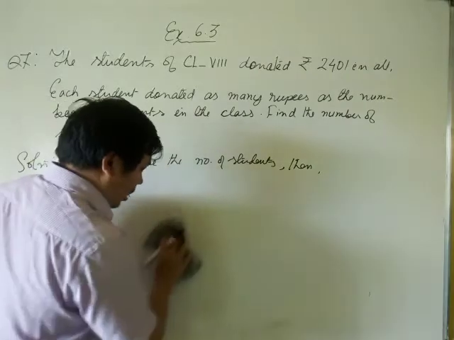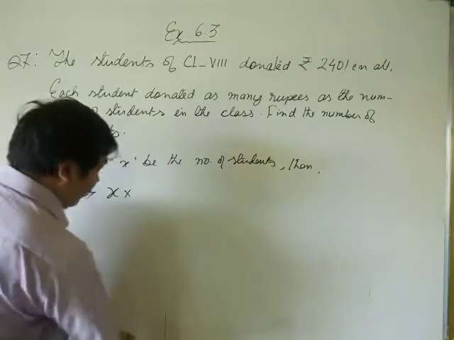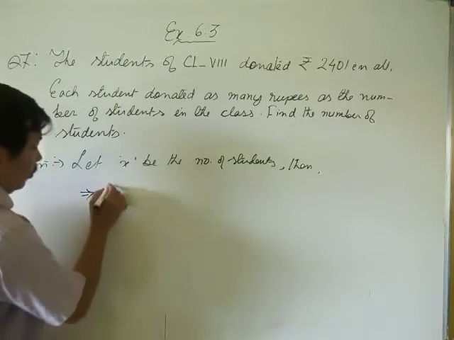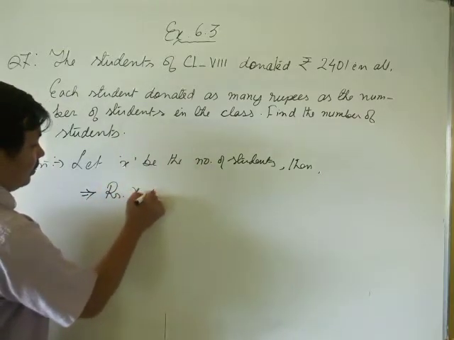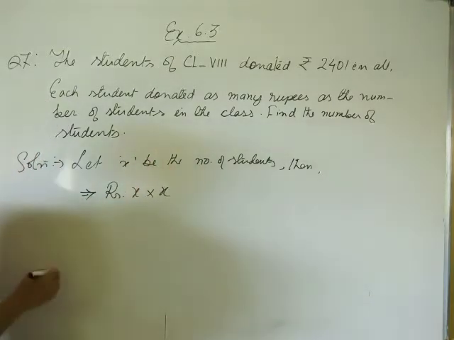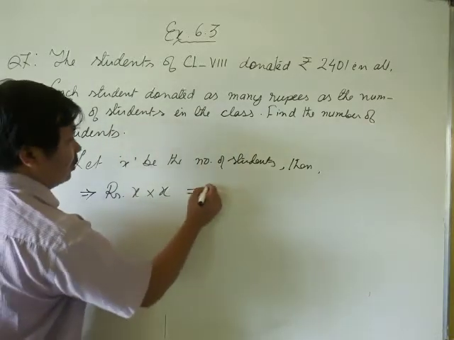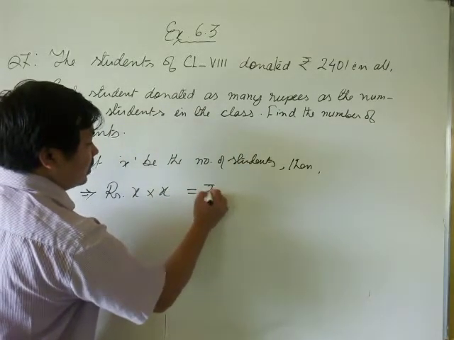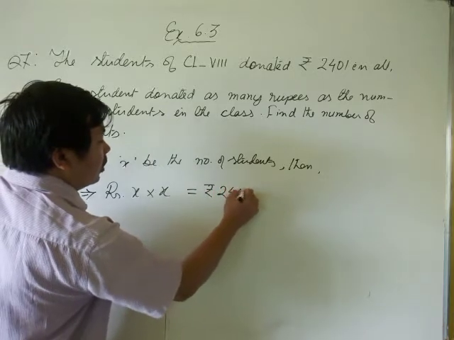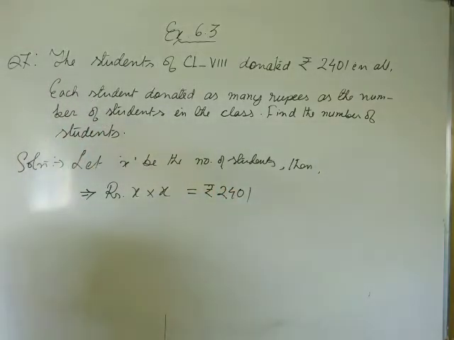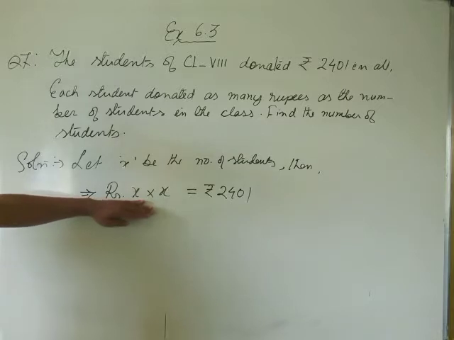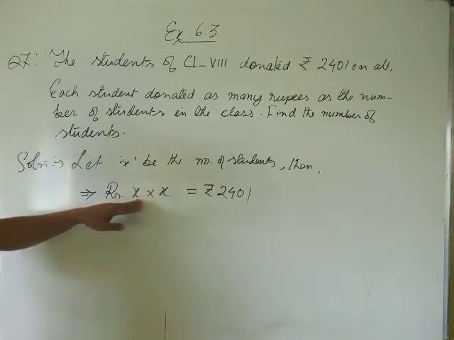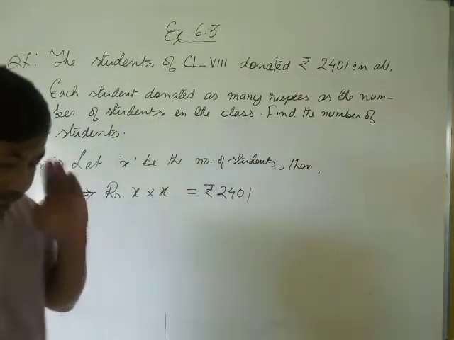So like this, rupees x multiplied with x will be equal to the sum of rupees 2401 altogether. Rupees x into the number of students x, and the rupees are also equal to the number of students x.